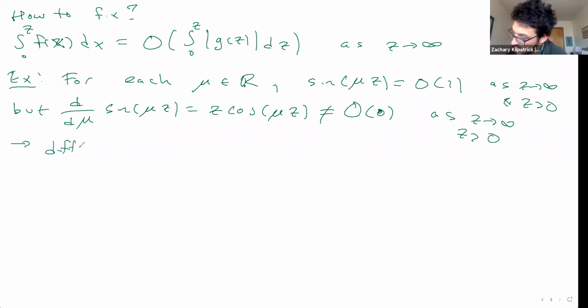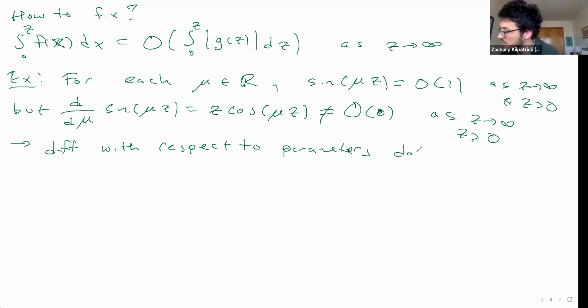So differentiation with respect to parameters does not preserve these order relations.